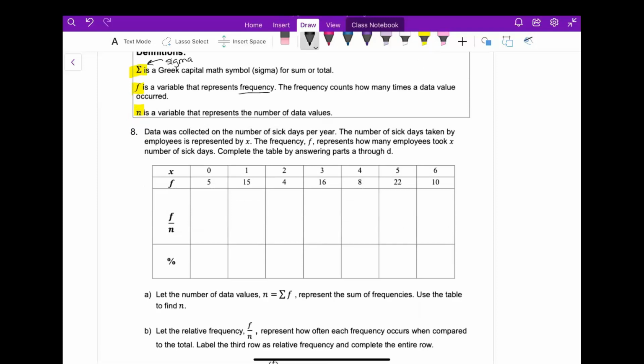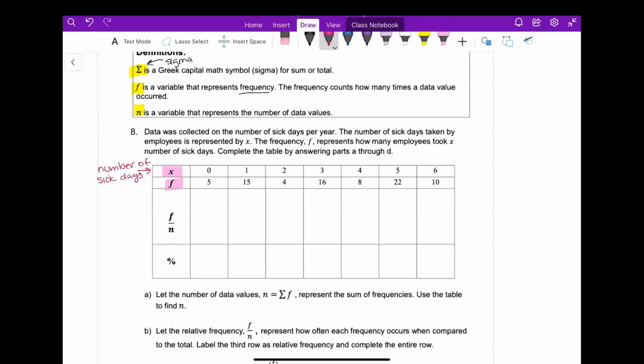So I'm going to label the things that I learned about. X represented the number of sick days taken by an employee. I like having that next to the table instead of having to look through the paragraph to read it.